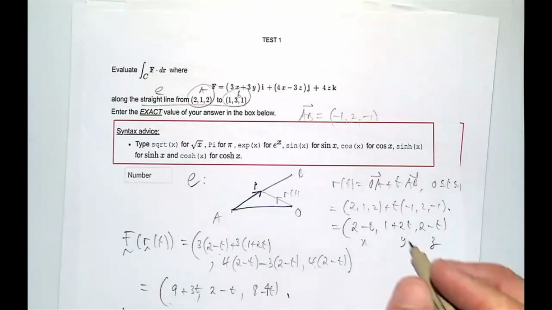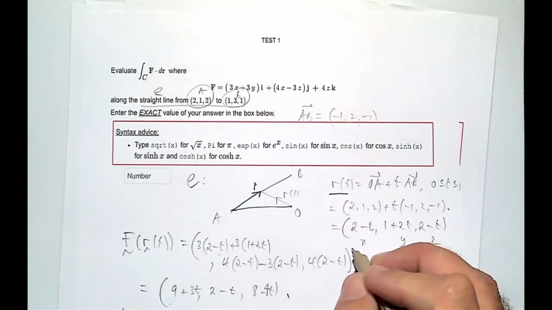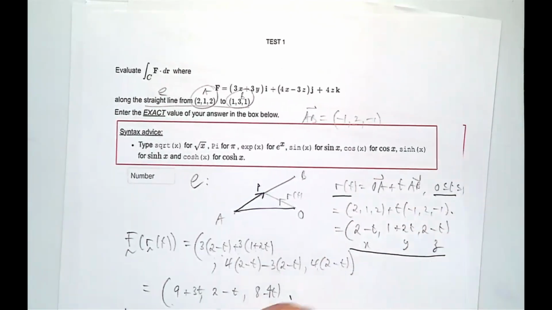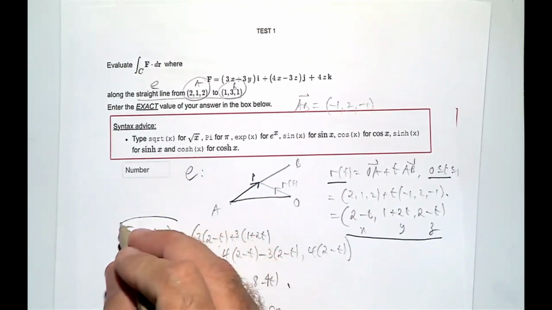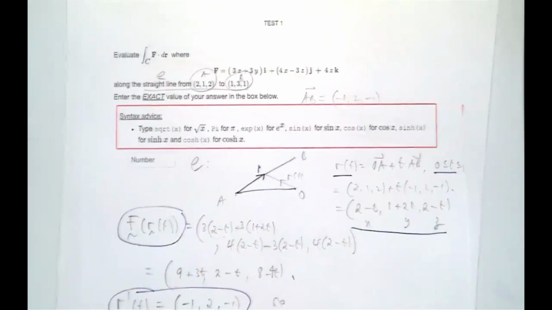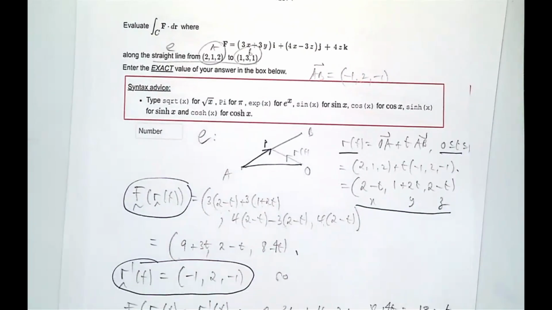Here's your parameterization, here's your derivative, and here is your vector field along our parameterization. So you can take the dot product of the bottom two and then you integrate it.